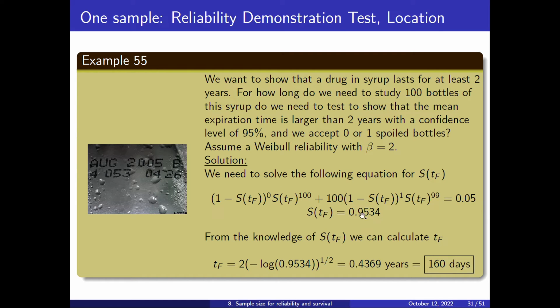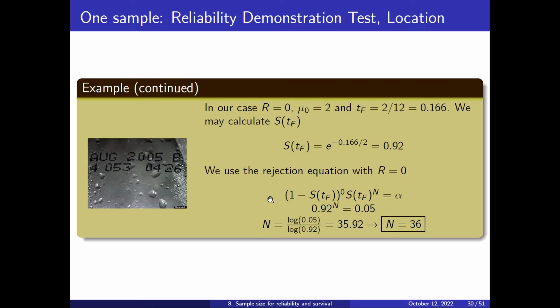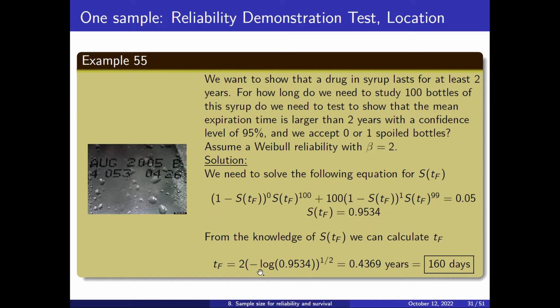So the survival at TF has to be 0.95, and now we look for the time at which the survival is 0.95, and for the Weibull with parameter beta equal 2, we go to here. So given STF and beta, we can compute TF. Okay, so it is this one, 0.4 years, that is 160 days.